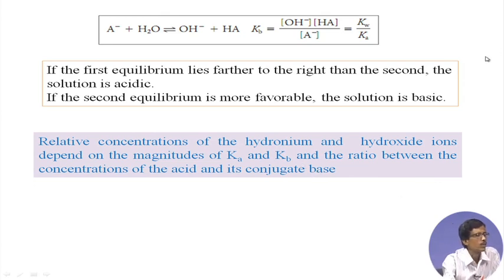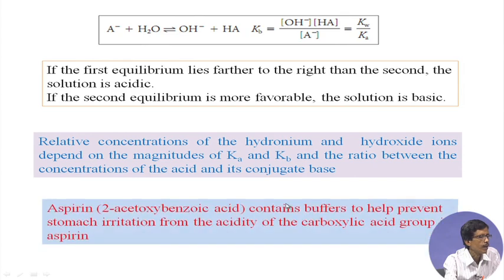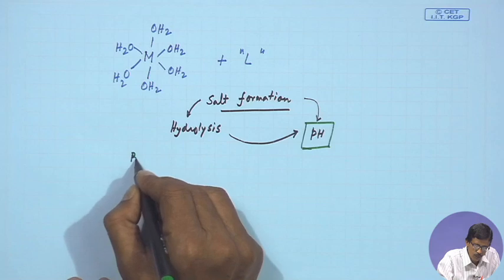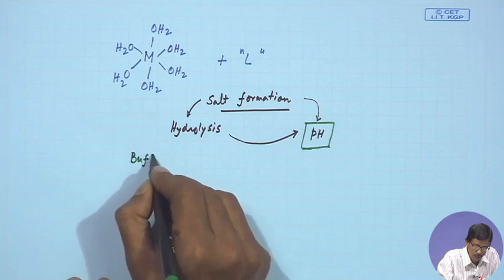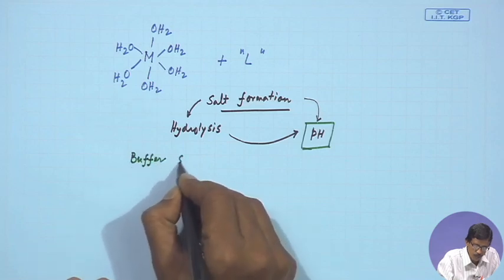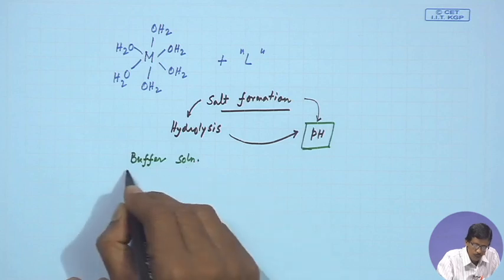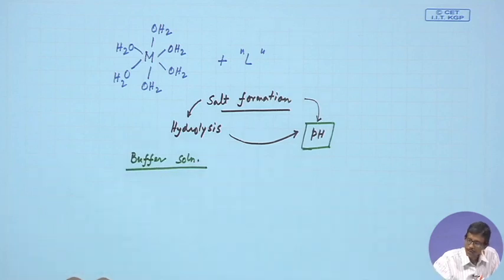So, the concentration of the acid and its conjugate base, that means HA and A minus, and the corresponding Ka and Kb values will tell us about the fate of the buffered medium. So, why do we require this buffered condition? Because this buffered solution or buffered condition is always a very important thing.